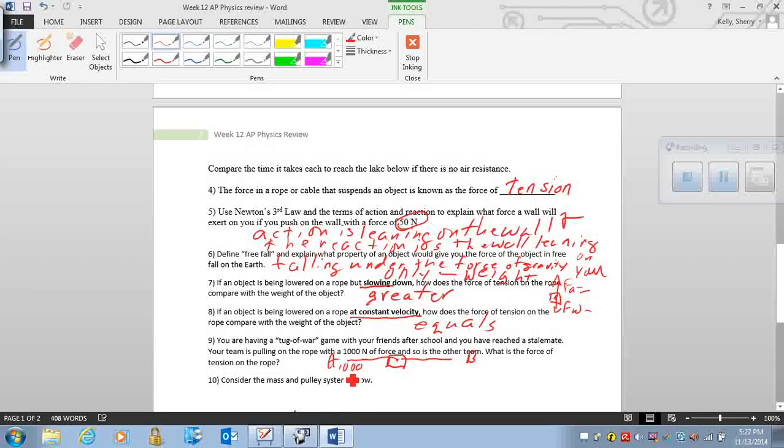We have the force of team A on the rope, which means the rope applies a force to team A, which is 1,000 newtons. Likewise, on the other side, team B applies a force of 1,000 newtons on the rope, and the rope applies a force of 1,000 newtons on team B. So therefore, the overall tension in the rope has to be 1,000 newtons.